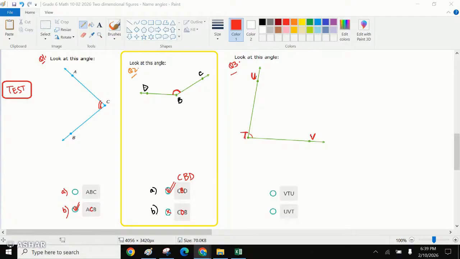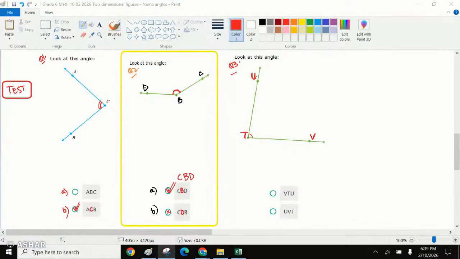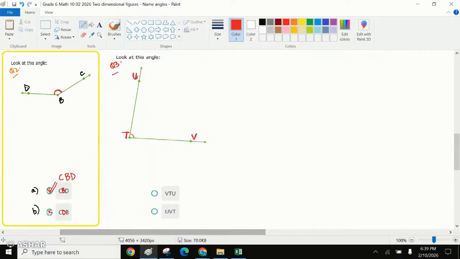Because we look at the point of intersection of the two lines, right? So what is the common point? The common point was T. Yes, perfect. So anything with T in the middle would represent the answer. But V and U are also very important, right? We cannot have any other alphabet over here.